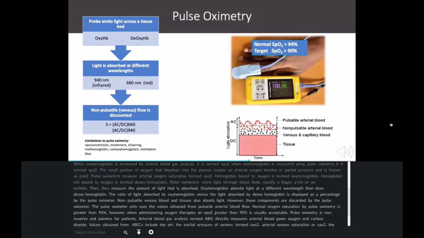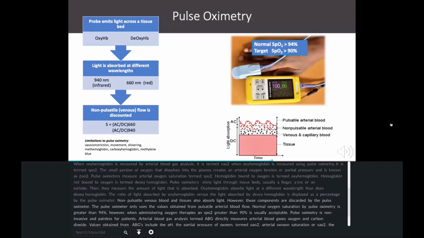Then they measure the amount of light that is absorbed. Oxyhemoglobin absorbs light at a different wavelength than does deoxyhemoglobin. The ratio of light absorbed by oxyhemoglobin versus the light absorbed by deoxyhemoglobin is displayed as a percentage by the pulse oximeter.